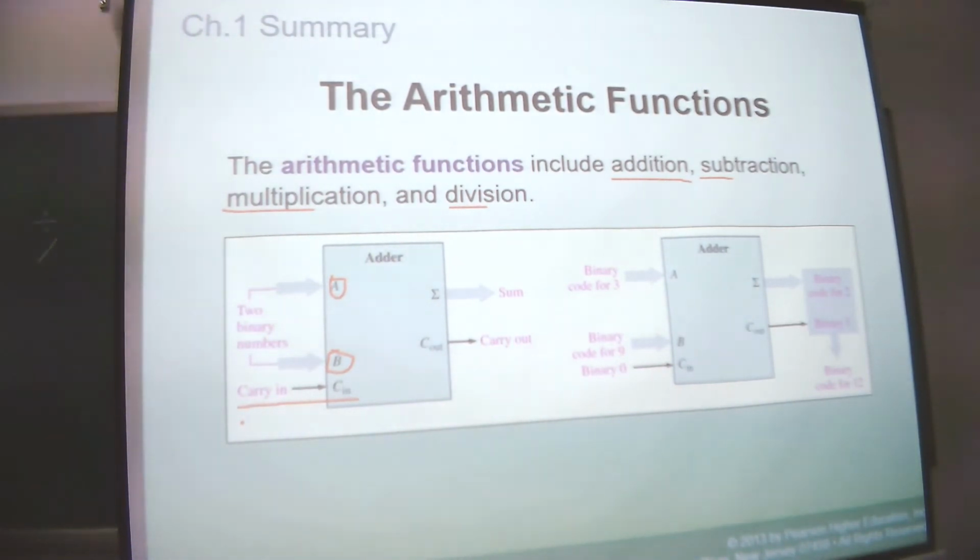So if we want to add these two numbers and this number, 2 is called A, 3 is called B, and this number is called carry.